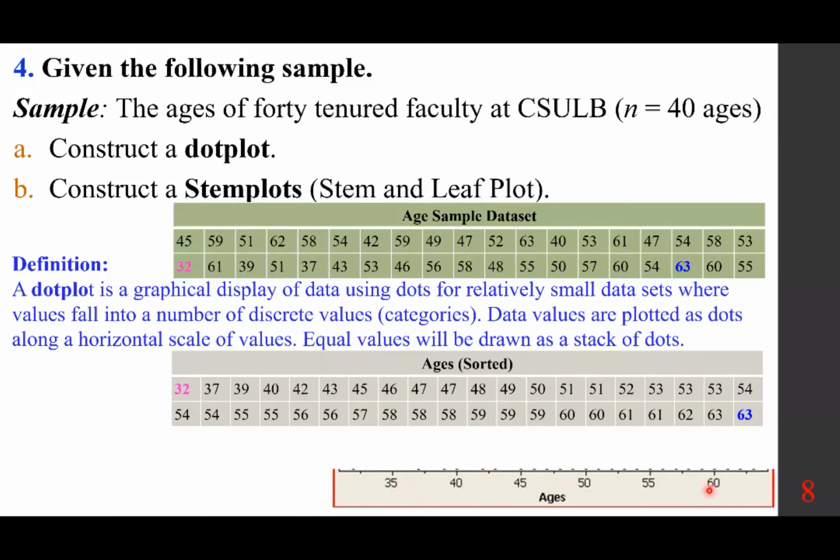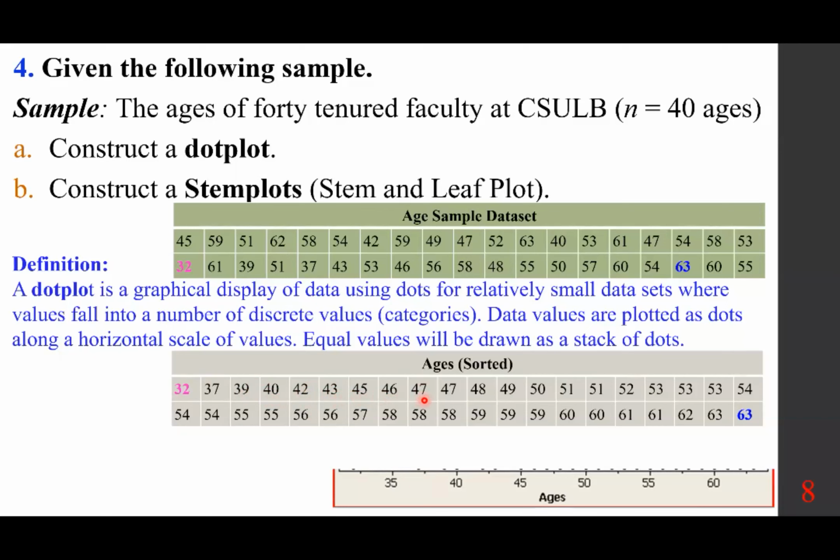And so now we're going to put the dots corresponding to each number. I have 32 here. I look at the 32 somewhere and I put a dot here. The next number is 37. This is 35, 37 is somewhere here and I put a dot here. I do the same thing with 39, 40, 42, 43, 45, 47.